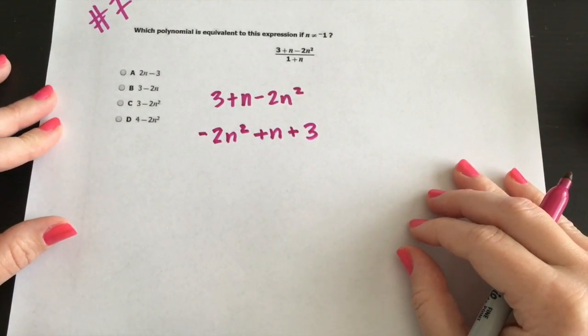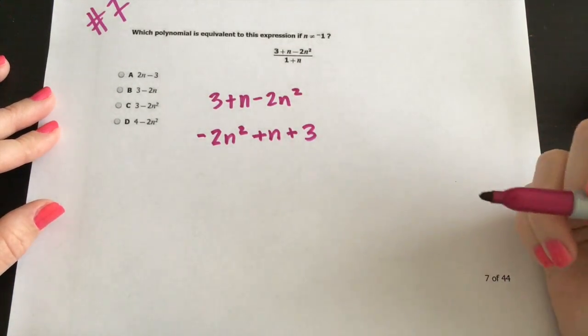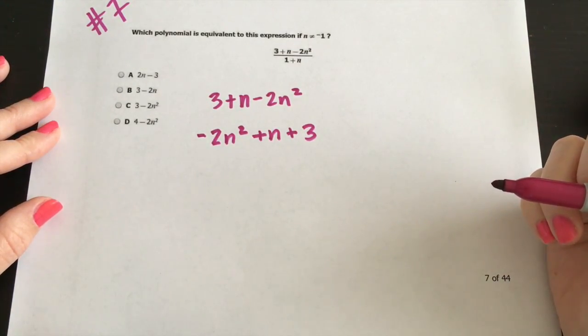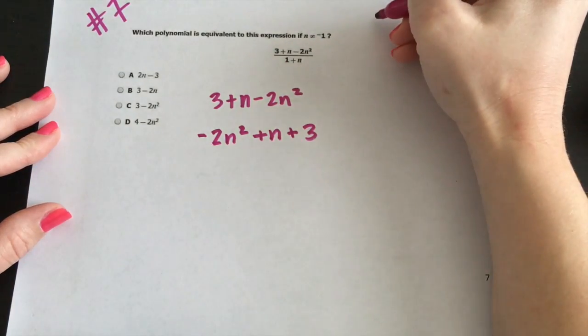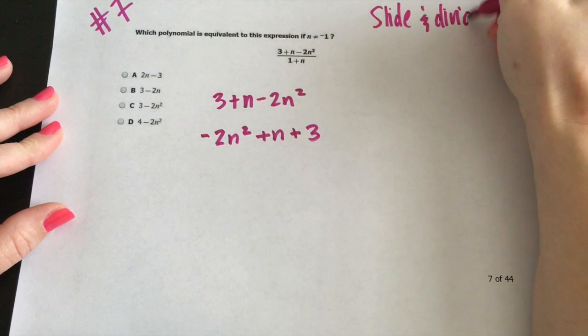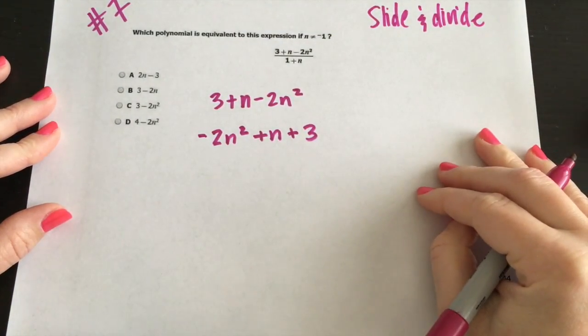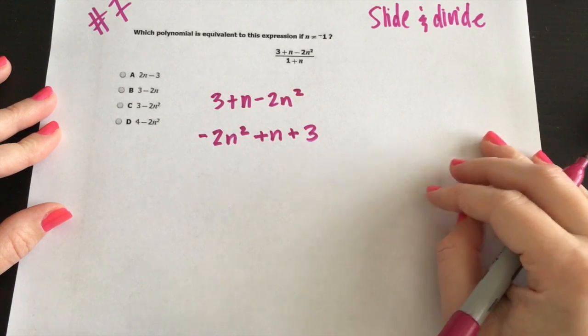Now here's the thing: use whatever factoring method you want. A couple years back, I was introduced to a method called slide and divide, and I love it. I think it's a foolproof way to factor without having to think a lot about it.